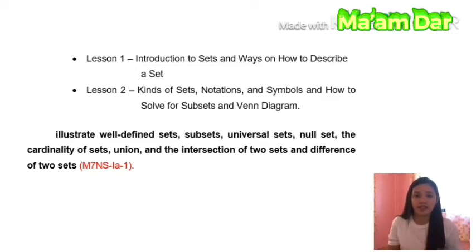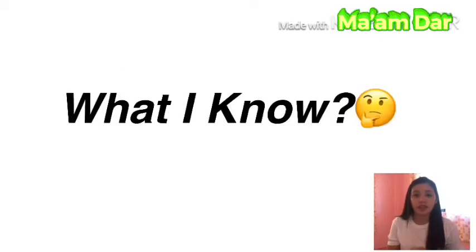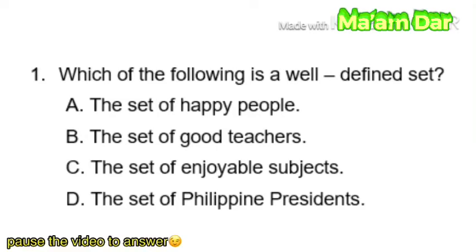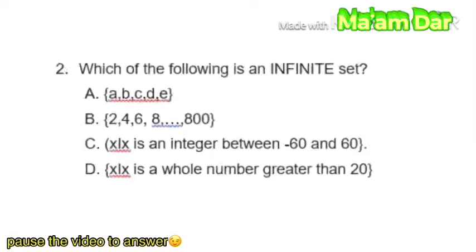of sets. But before we proceed to our lesson, let us check first on how much you already know about this topic. So please get your paper and your ballpen and answer the What I Know part. Number 1. Which of the following is a well-defined set? Number 2.